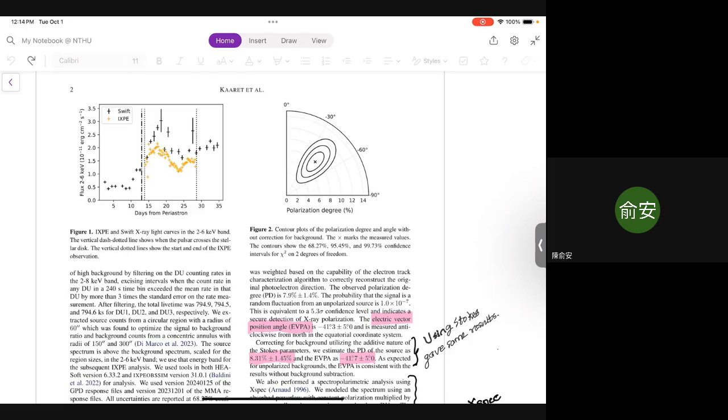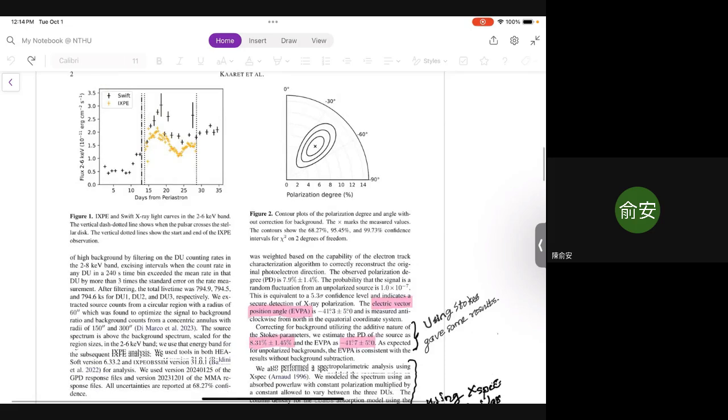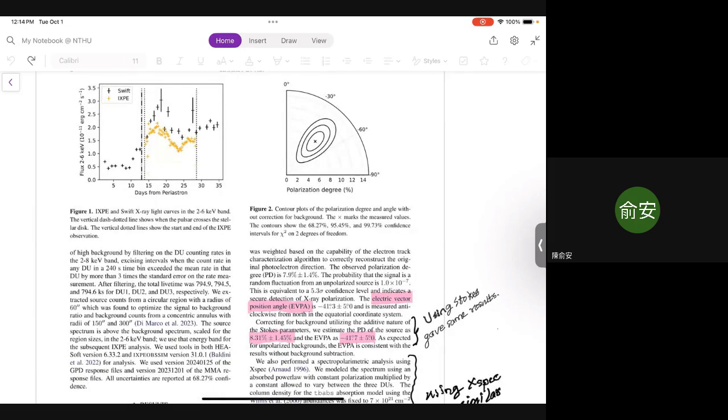So the flux increases when the pulsar is coming near the Be star, and it decreases afterwards. And you can also see it from the Swift XRT telescope that also recorded the same.